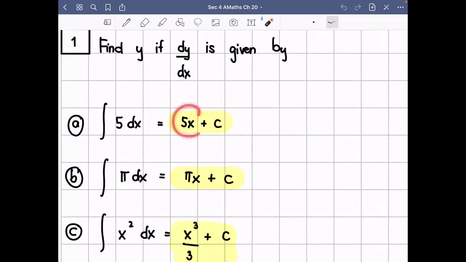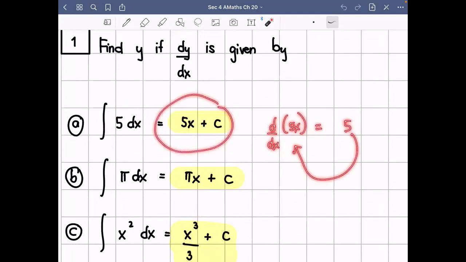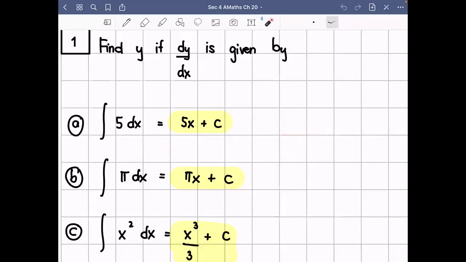Now how did this happen? If we get the derivative of 5x, what is our answer? Our answer is 5, right? So it's the reverse of this. That's why we got 5x plus c here. Is that clear? So the antiderivative, or the integration of any constant, is equal to the constant multiplied by x plus c.